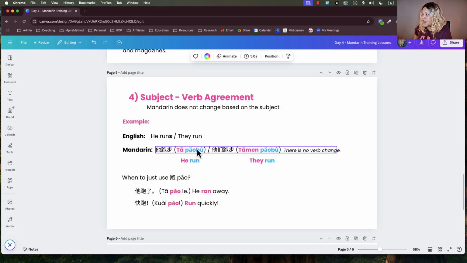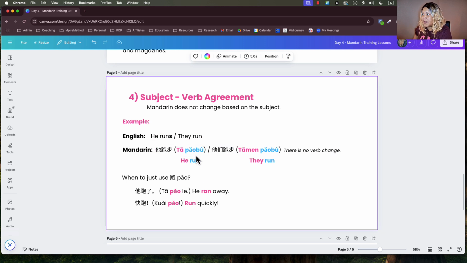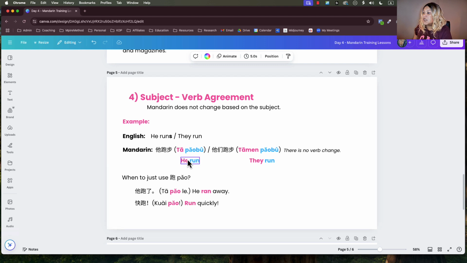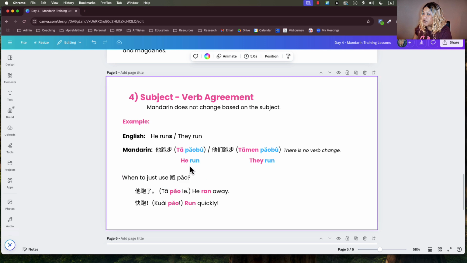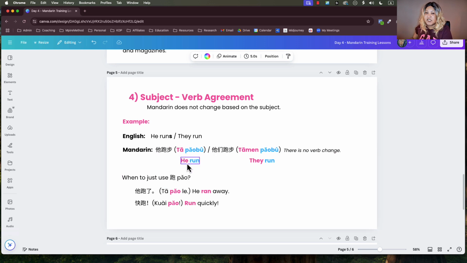It would just be the verb in and of itself, by itself. And remember, there's no plurals. So it'd be just he. When do you use pao by itself? Like this one is pao bu. But how do you know when to use just the pao, not the pao bu, right?